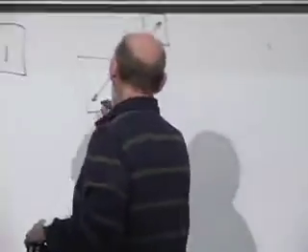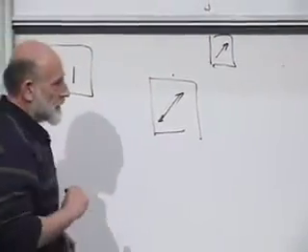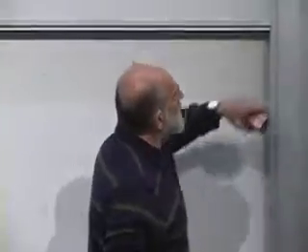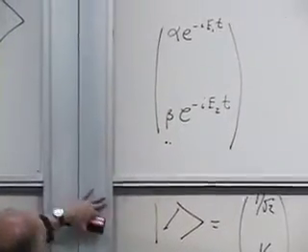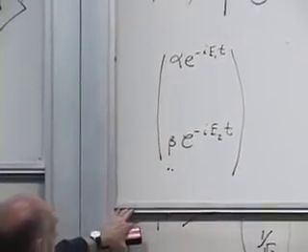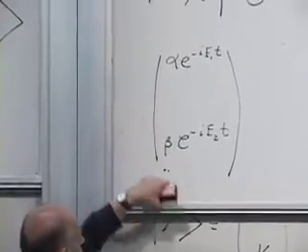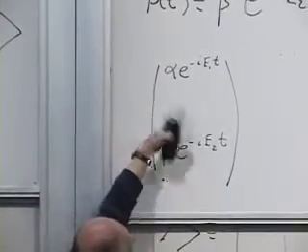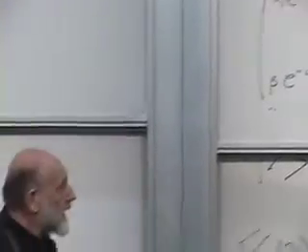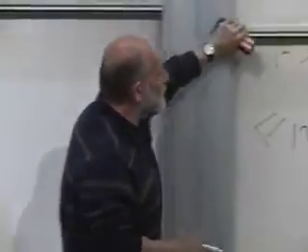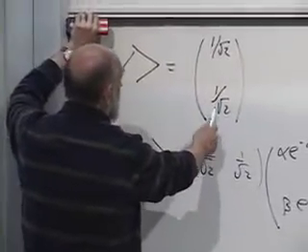The initial state that the photon comes out of the polarizer with, let's call that time t equals 0. That just corresponds to alpha and beta with no time dependence. But let's set alpha and beta themselves equal to 1 over square root of 2.